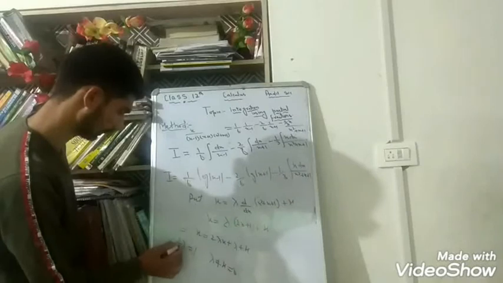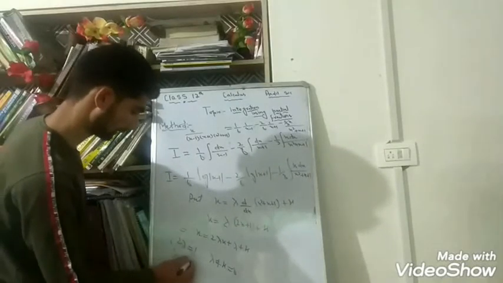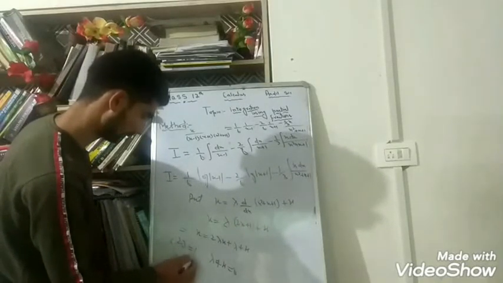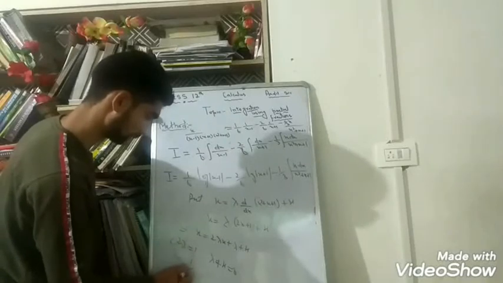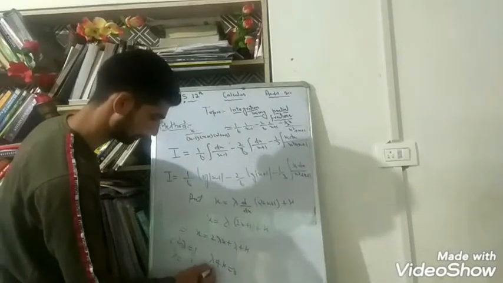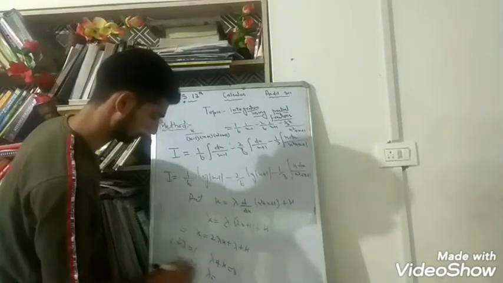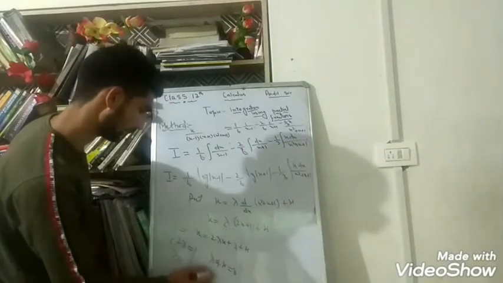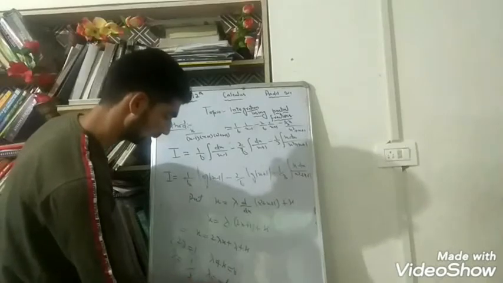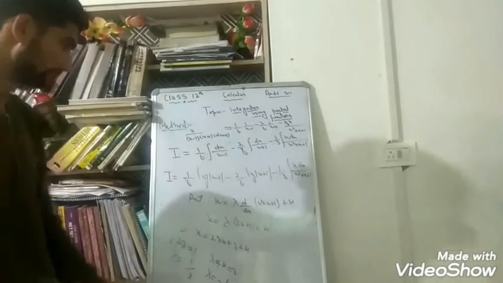So you will get here lambda is equal to 1 divided by 2, and mu you will get from that lambda, and that will be minus 1 divided by 2. Hence you got, beta, lambda is equal to this and mu is equal to this.